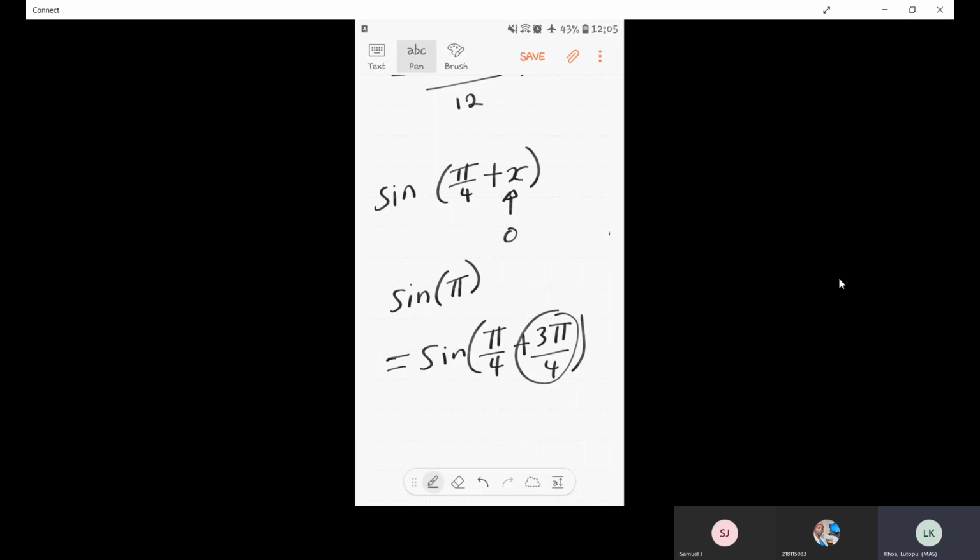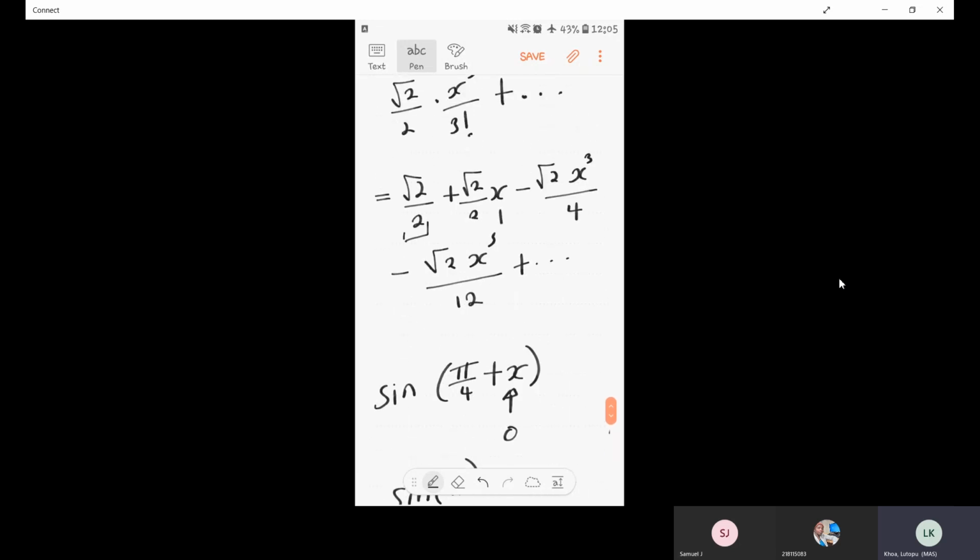So this value here is my x in the equation. So here I'll substitute x, and that will give me an approximation of what sine pi is. Now we know what sine pi is because it's one of the special angles, but you can also check using the Maclaurin series. You will get the same answer.